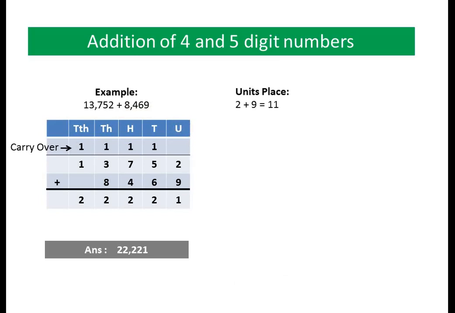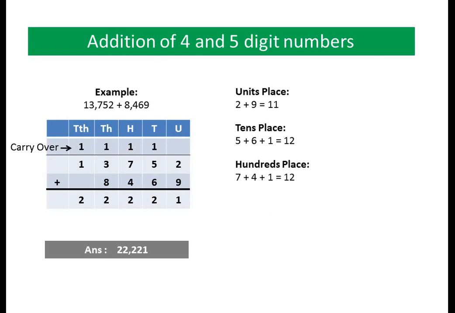Write 1 in units place and carry 1 to tens place. Then addition of tens place. 5 plus 6 is equal to 11 plus 1 which was carried over from units place. So 11 plus 1 is equal to 12. Write 2 in tens place and carry 1 to hundreds place.